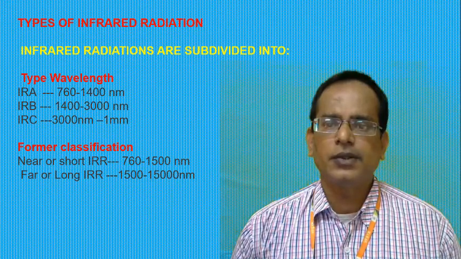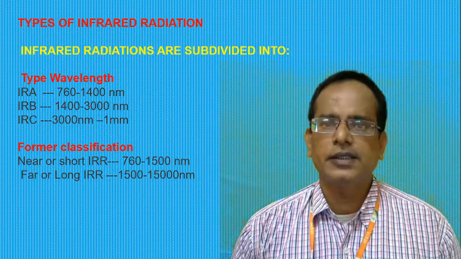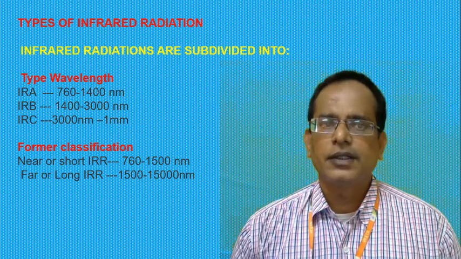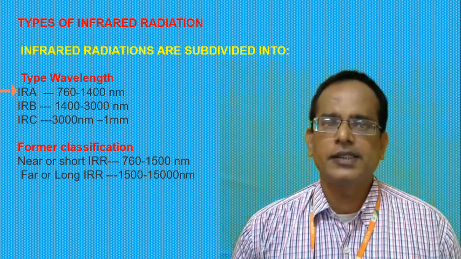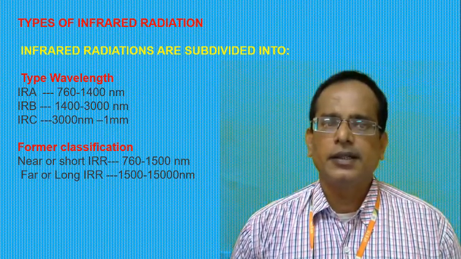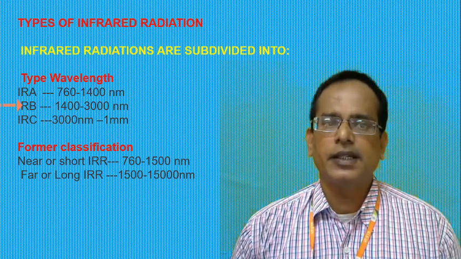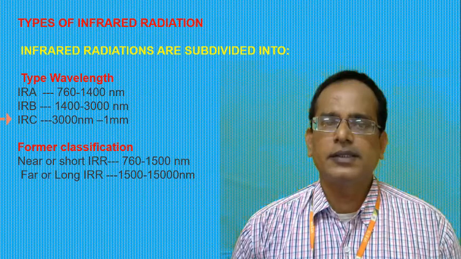First we will discuss the types of infrared radiation. Infrared radiations are subdivided into types of waves. The first is infrared A, that is IRA, with wavelength 760 to 1400 nanometer. Infrared B, that is IRB, is 1400 nanometer to 3000 nanometer, and IRC has wavelength 3000 nanometer to 1 mm.